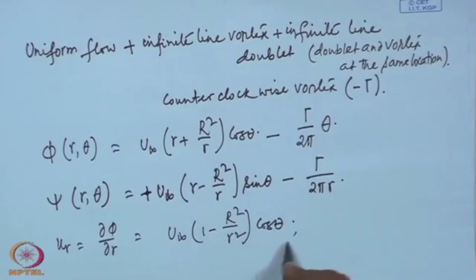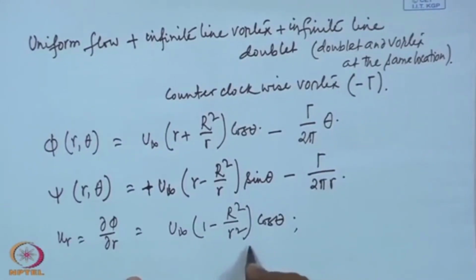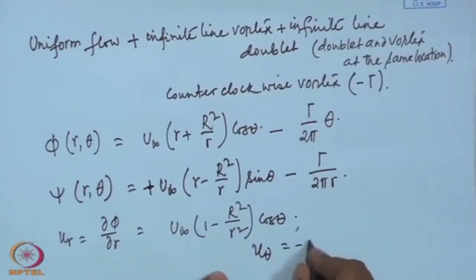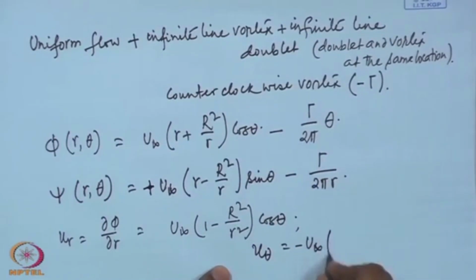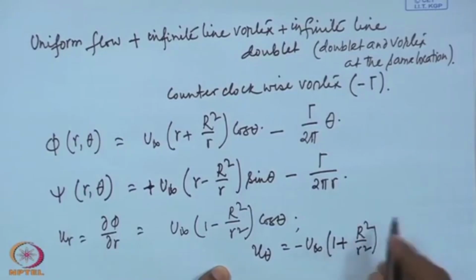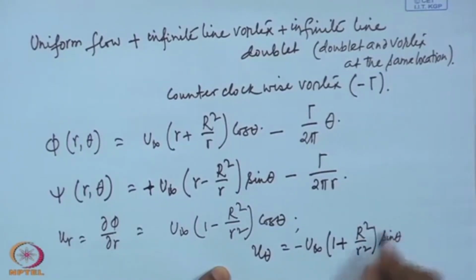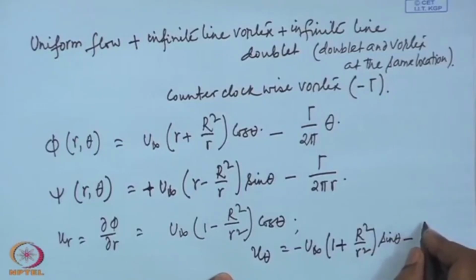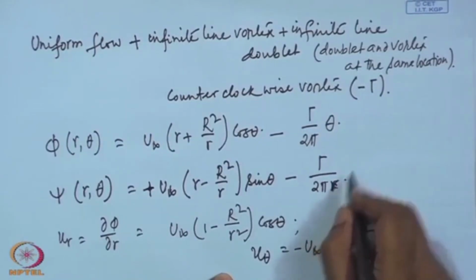However, the tangential velocity component changes. What will be the tangential velocity component? This part remains minus u infinity 1 plus r square by r square sin theta.